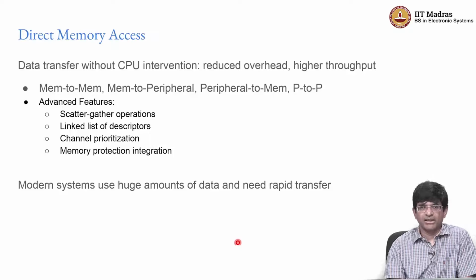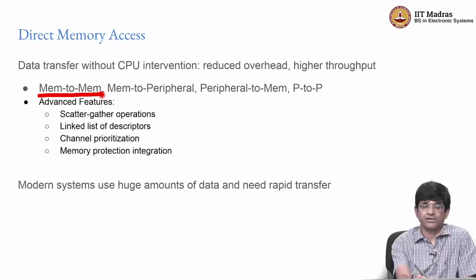Rather than the CPU being completely occupied during that time, it makes sense to see if there are certain kinds of DMA or direct memory access hardware controllers, right, which can directly take care of, for example, copying a chunk of data from one block of memory to another block of memory. Now this becomes even more relevant when you are trying to transfer data from memory into a peripheral, for example, a video interface or an Ethernet card, right?